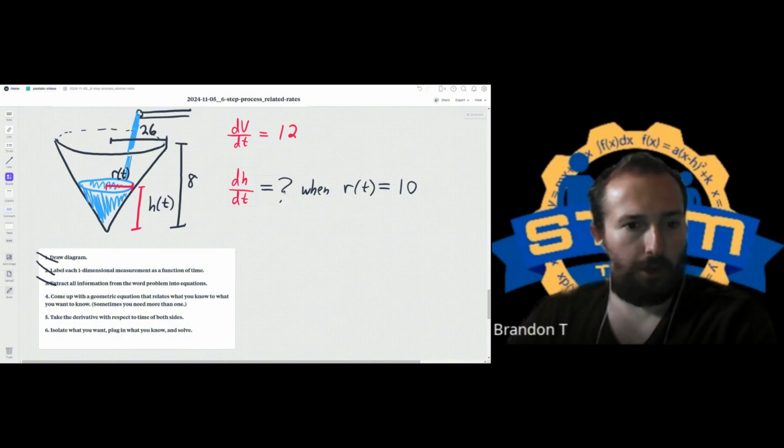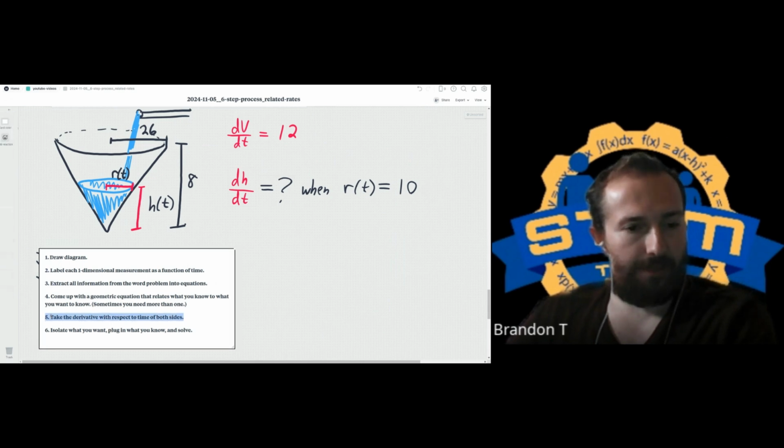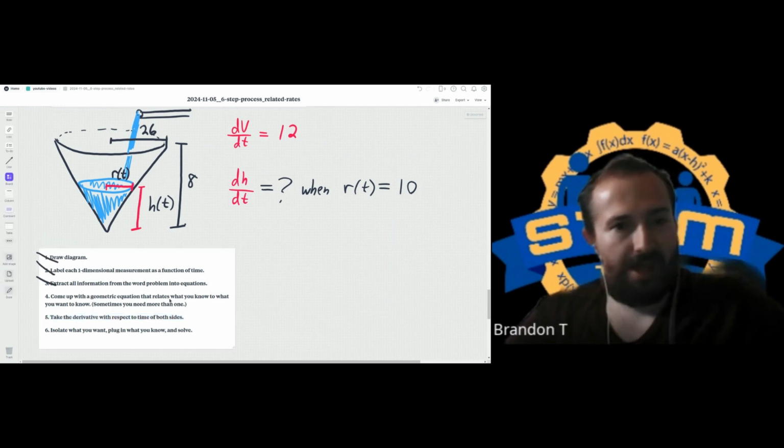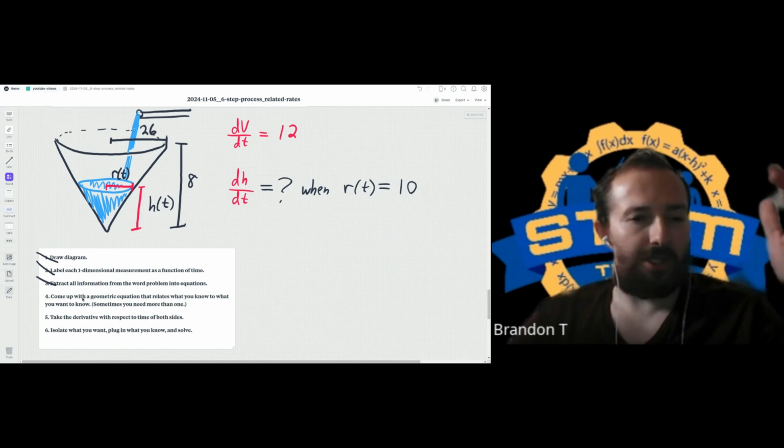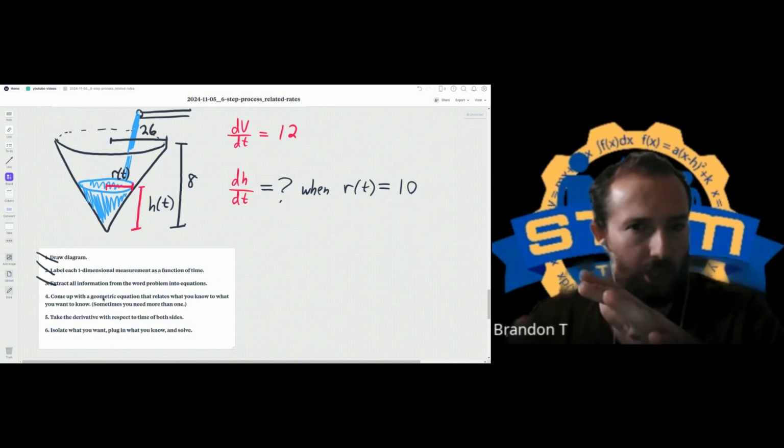dH/dt equals question mark. Now here, what I'll just say is that if you look ahead slightly to step 5, you see how we'll take the derivative of both sides with respect to time. The way that I think about it is, because again, with geometry, we're trying to find a geometry equation. Geometry is not calculus, so there's no derivatives in geometry.